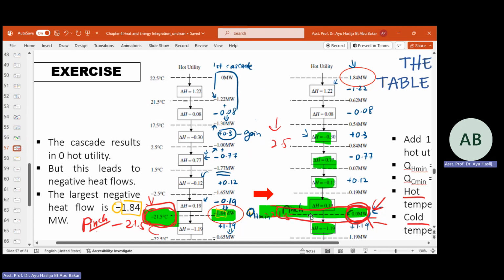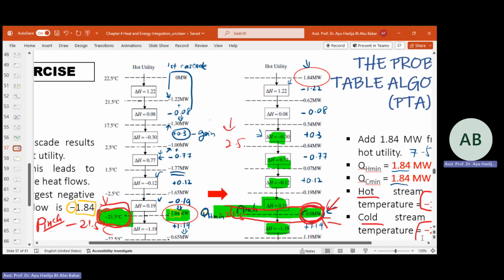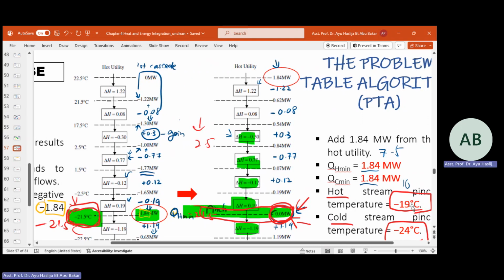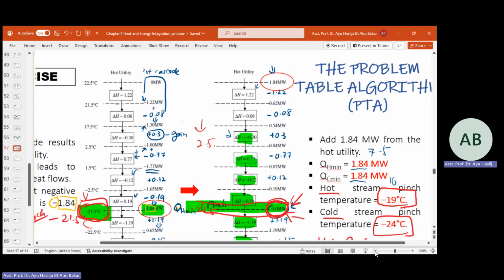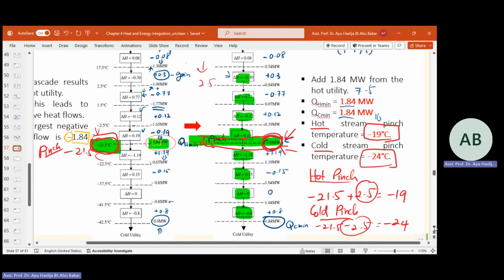Okay, pinch point. So taking that temperature at the pinch point, hot pinch is the pinch minus delta T min over 2, cold pinch is the pinch plus delta T min over 2.